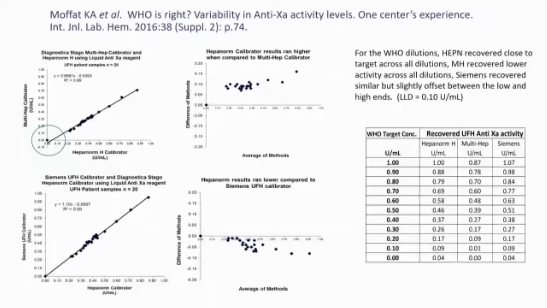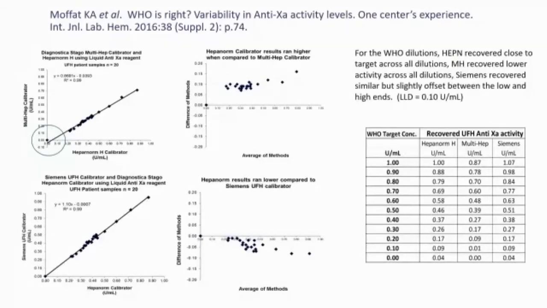We brought in the unfractionated heparin WHO standard and, if you go down that first column in the table, we prepared spiked samples of various concentrations of unfractionated heparin in units per ml. Then we ran anti-10A levels with the only variable being the calibrator. It's the same anti-10A kit and everything is on the same machine, so the only variable was the calibrator.